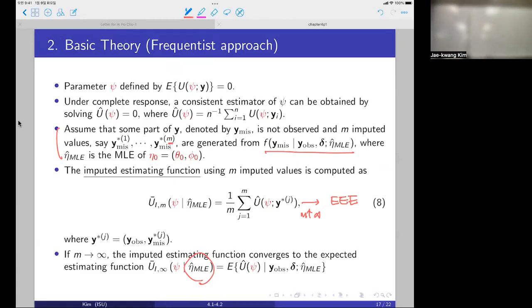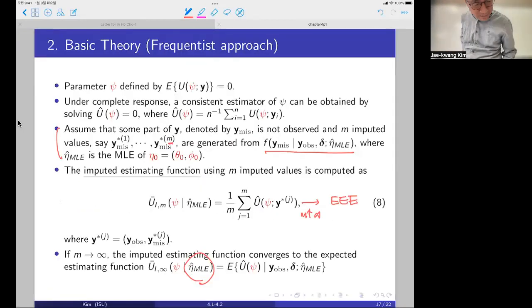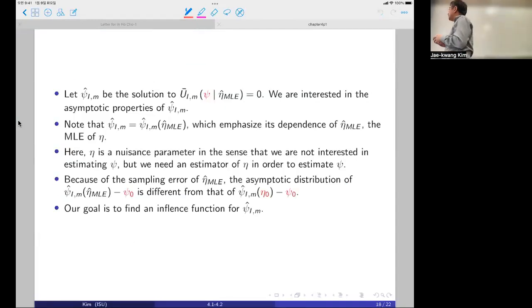So that is actually a fairly difficult problem, quite a messy problem, right?